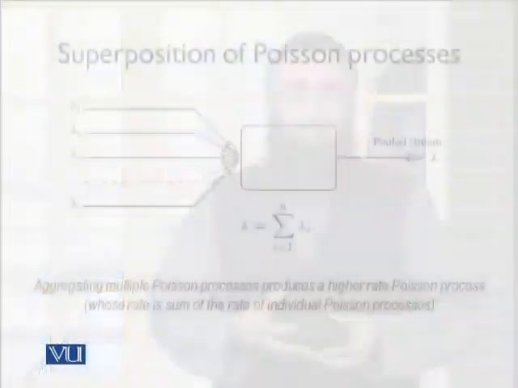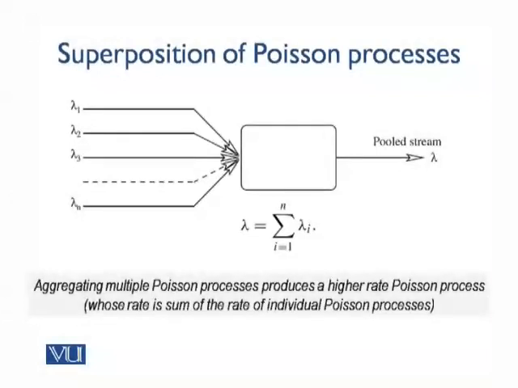In summary, if you have multiple Poisson processes and you aggregate them, you still get a Poisson process at the output. Only that the output Poisson process will have a rate which is the sum of the rates of all the constituent Poisson processes. This can be seen on the screen now.